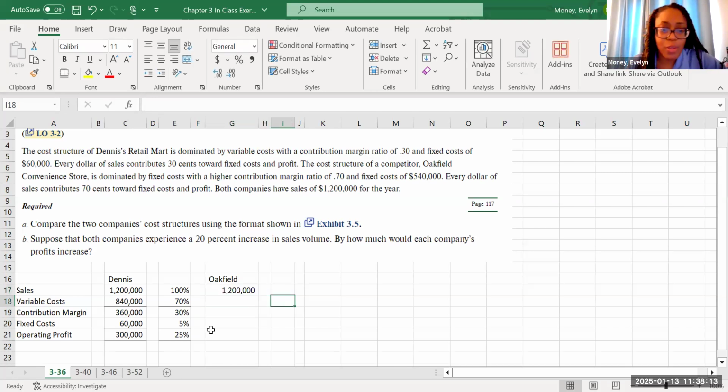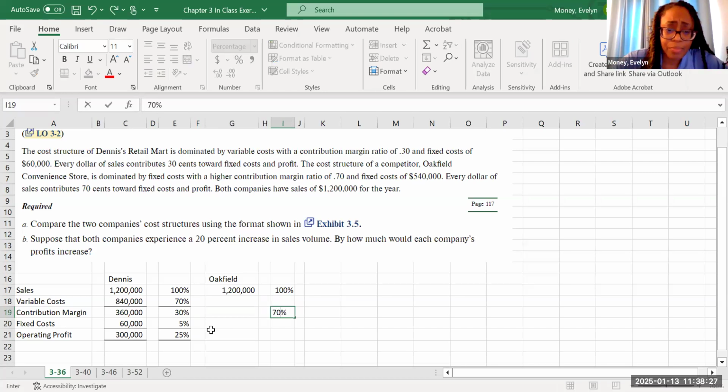All right, 1.2 million and 100%. That's my starting point. My variable costs, I don't know. But I do know my contribution margin ratio. I don't even know my contribution margin in dollars. That's okay. But we were told that Oakfield has a higher contribution margin of 70%.